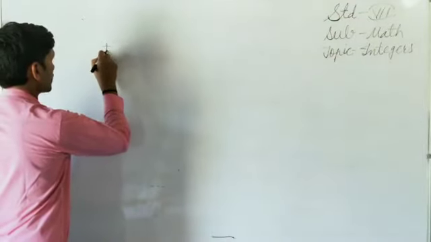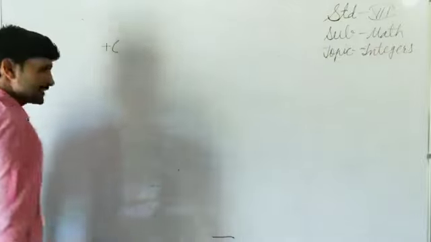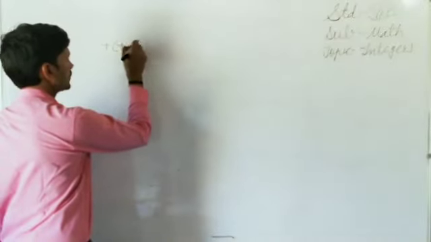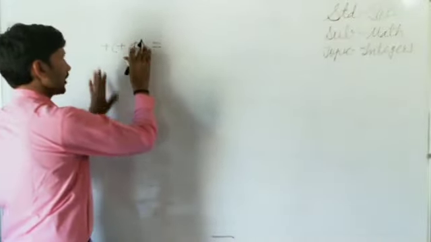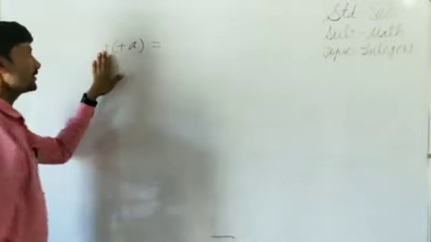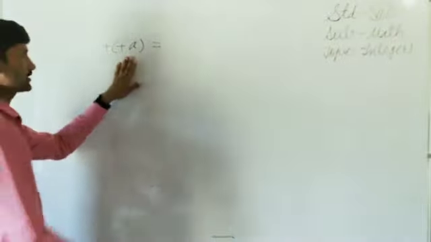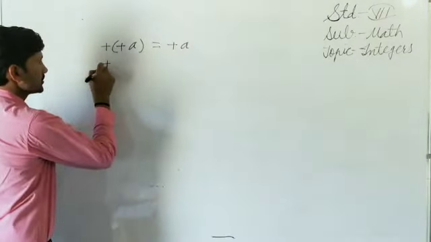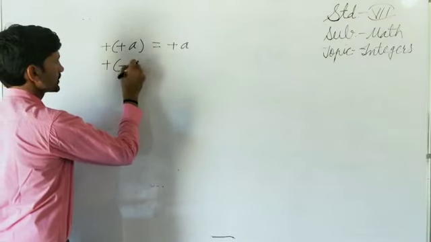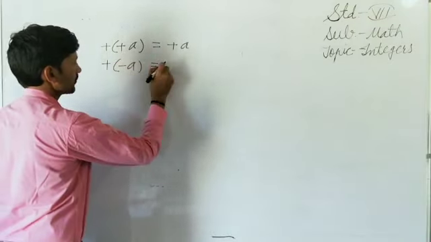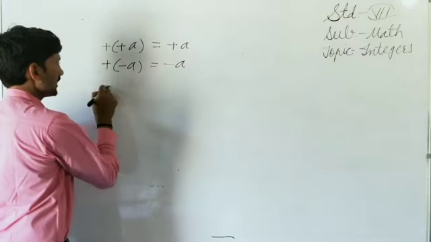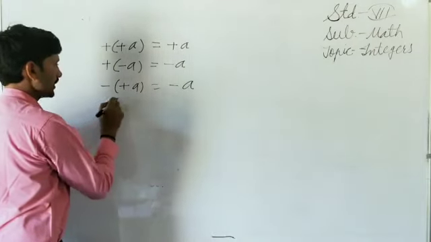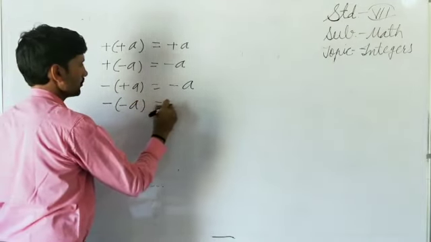If outside the bracket is plus and inside the bracket is plus, and this is some number or integer c, then when opening the bracket, it will be plus c. If outside is plus and inside is minus, then plus minus will become minus c. If outside is minus and inside is plus, then also it will become minus. If outside is minus and inside is also minus, then it will become plus.